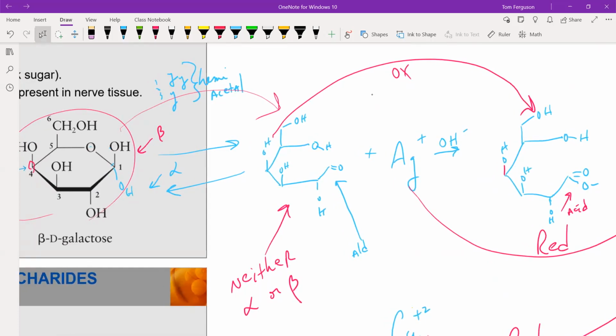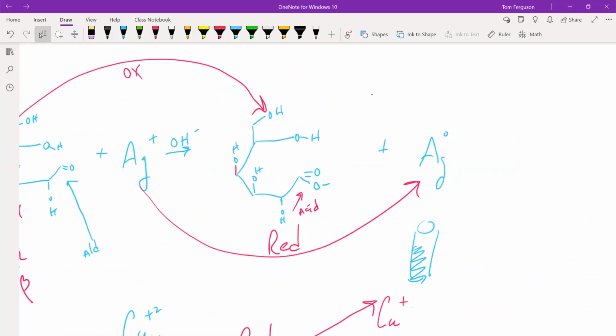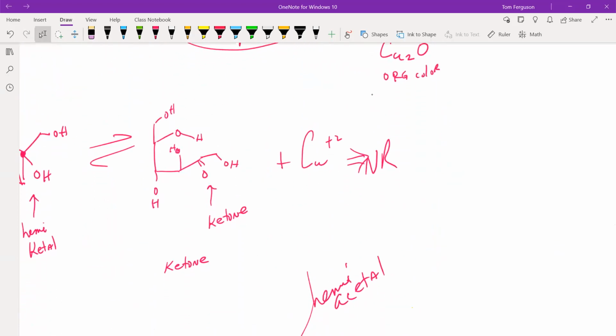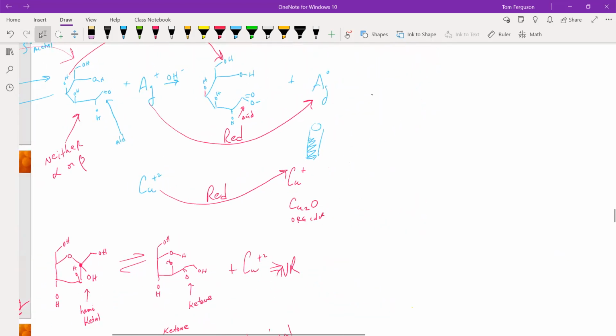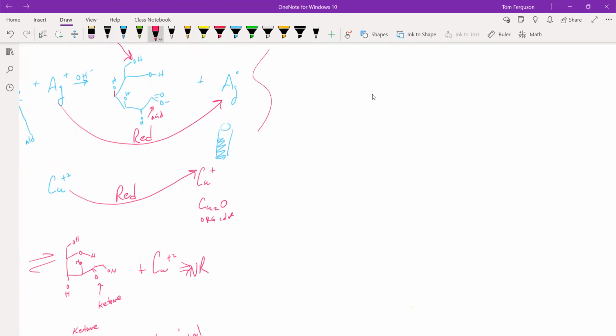I also want you responsible for having a simple aldehyde reaction in Benedict solution, in the silver solution as well. So let me go over a couple of those. I think that'll be it for today. So this is an aldehyde Benedict test.